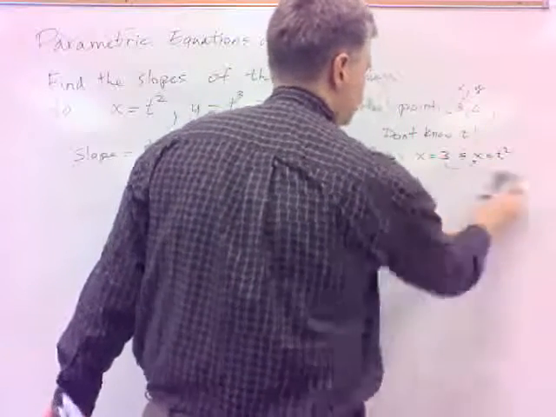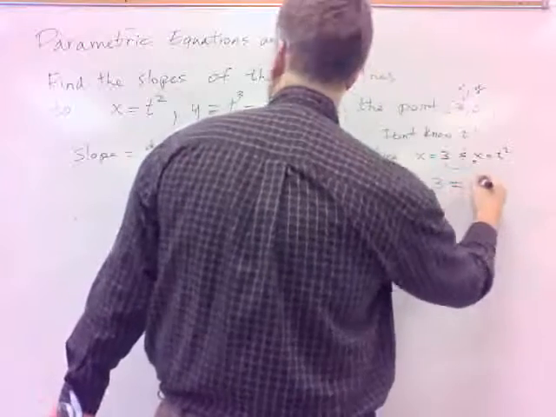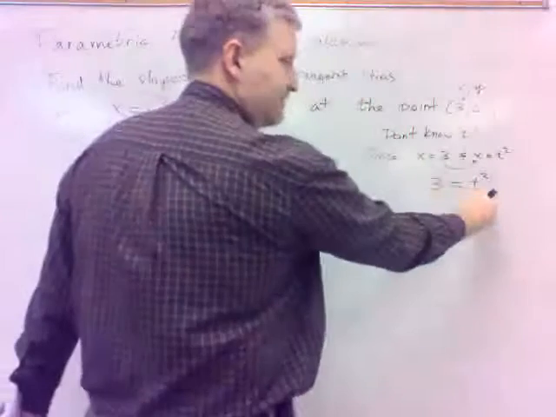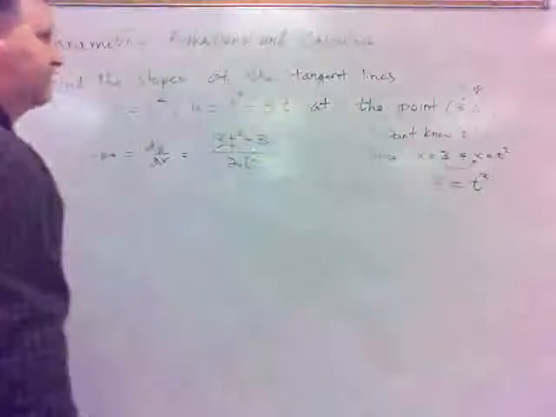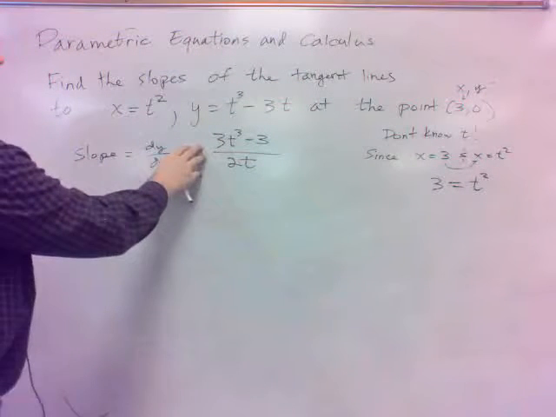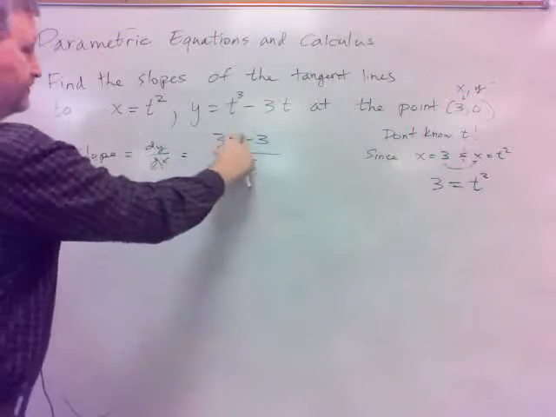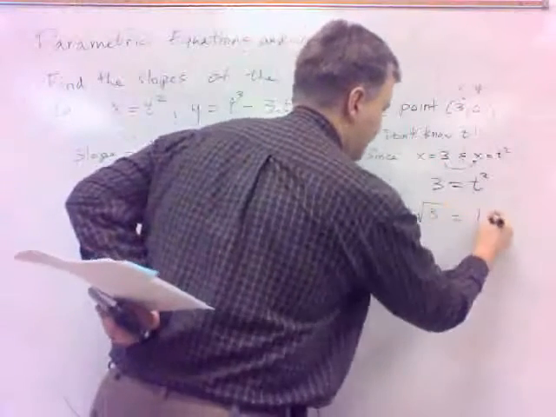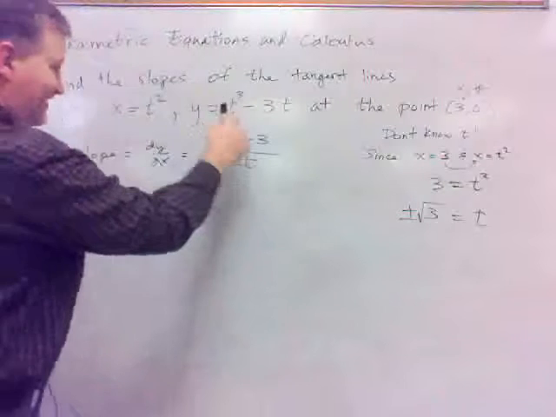X is 3. I've got x is 3. I was right. Oh, 3t squared. Thank you. So this was all right. This was wrong. Okay. Change that to square.